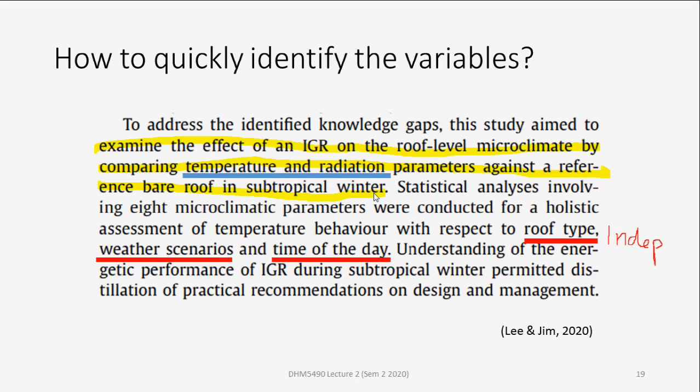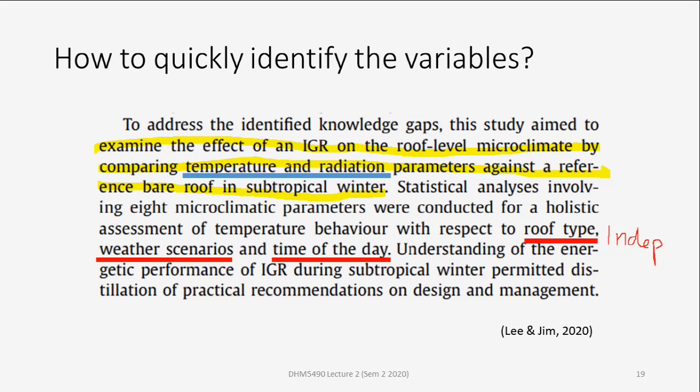So this whole study is about the effect of roof type, weather scenarios, and time of the day on temperature and radiation. For example, I may say that if I change a bare roof to a green roof, will the temperature measured on the roof change? Will the vegetation like grass, herbs, or trees block the radiation and cool down the temperature?